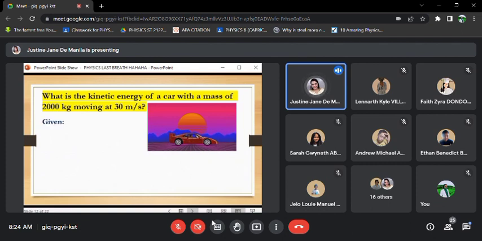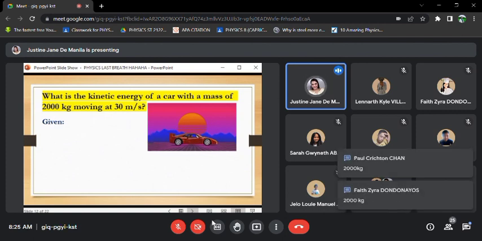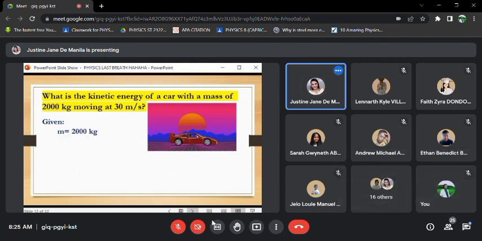So, what is the mass of the car? Faith? Okay. 2,000 kilograms. Very good. Paul and Faith answered. Very good. How about the velocity?